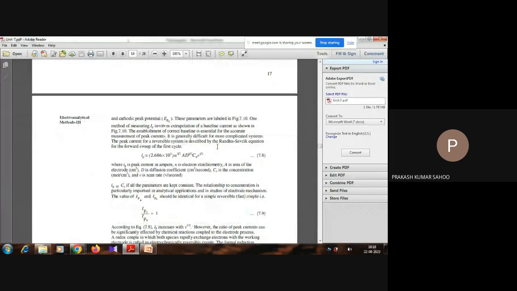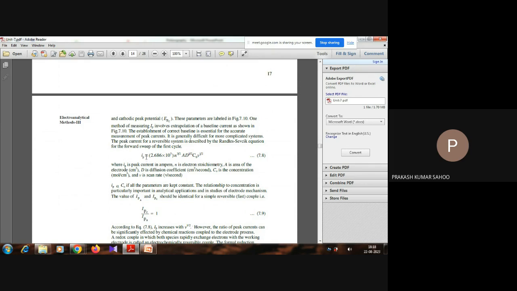the cell potential, and we have one mathematical relation related to cyclic voltammetry, that is the Randles-Sevcik equation. This is for the fast cycle. Then the peak current in ampere is 2.686 times 10 to the 5, n to the 3 by 2, A, D to the half, C0, v to the power half.